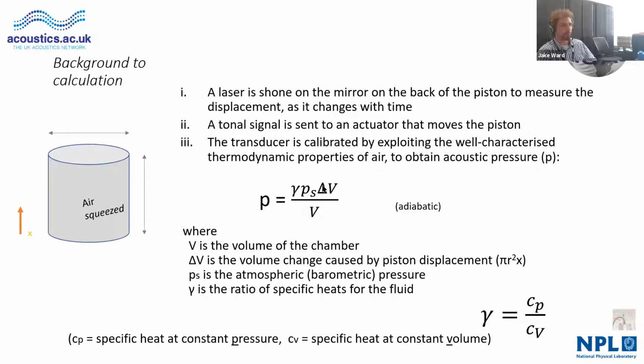And so the pressure is a function of the change in volume, which we get from the displacement X, the interferometer, and the diameter of the piston, and V, the volume of the chamber.